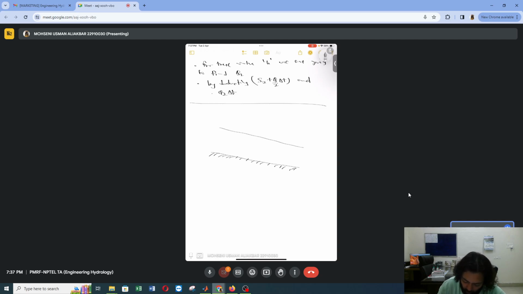Whatever volume of water is under this imaginary surface, we call it prism storage, right? But we know that the flow will not be uniform. The volume of water stored could be above this imaginary line or below it, right? So it could be something like this.